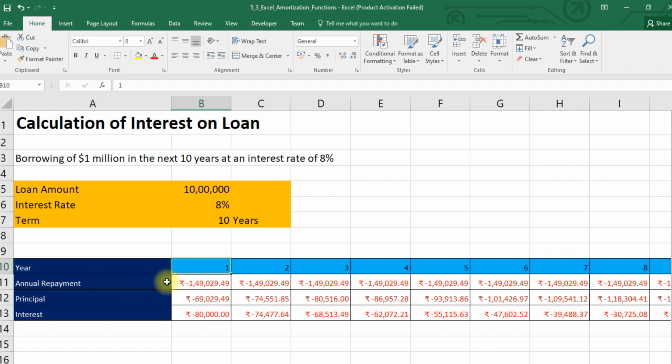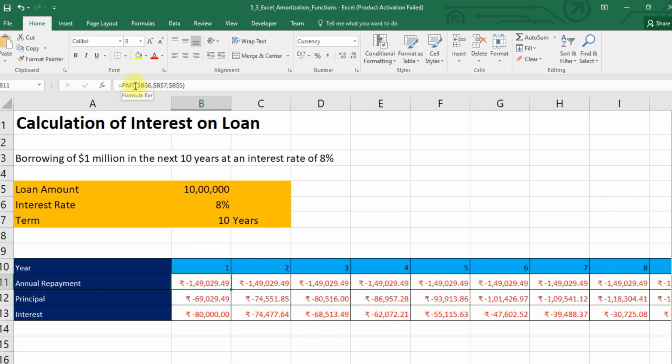First we will see what the annual repayment of this loan is. If you go to the annual repayment, we say B6. B6 is actually the interest rate, B7 is the term, and B5 is the loan amount. These are the parameters which the function PMT takes, and it gives the annual repayment amount.